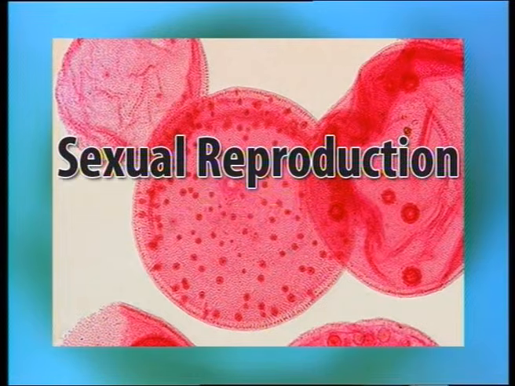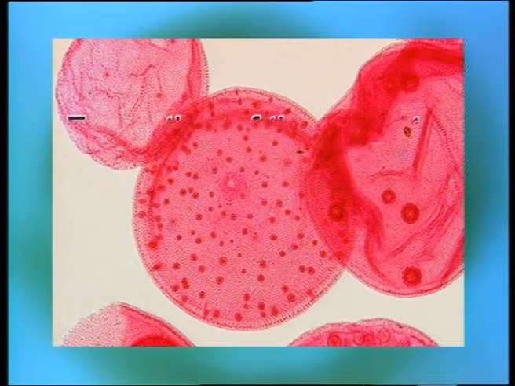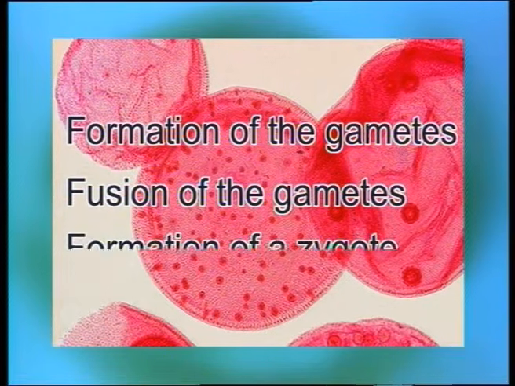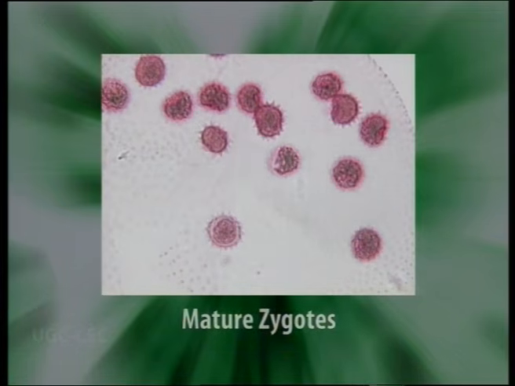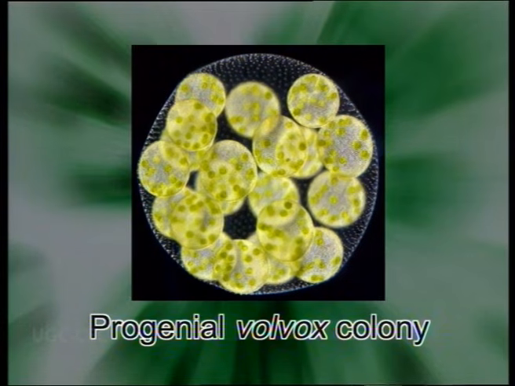Then the next part is the sexual means of reproduction. That is where the reproduction takes place through first the formation of the gametes and subsequently the fusion of these gametes, formation of a zygote. This zygote undergoing meiotic division, forming the haploid cells, which will in turn give rise to the progenial Volvox colonies.